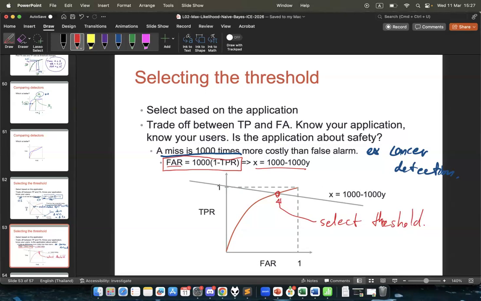Notice how this point has a high true positive rate, and we can accept more false alarms in this cancer detection task.